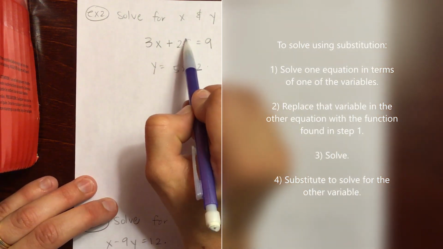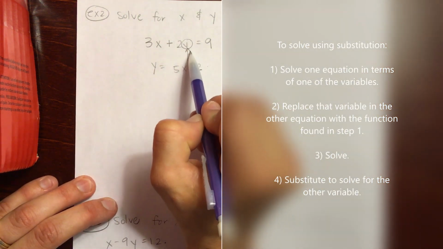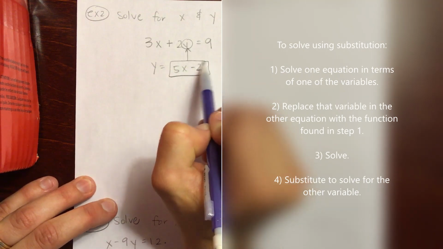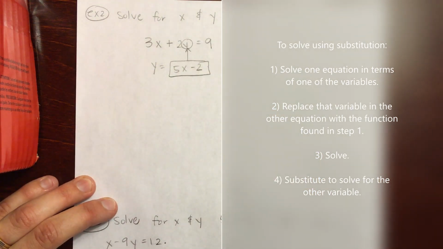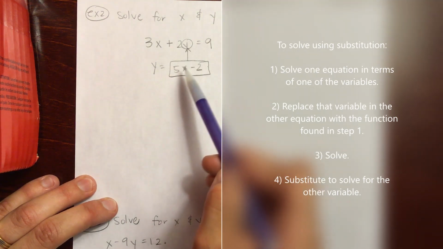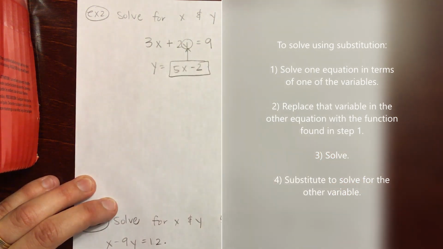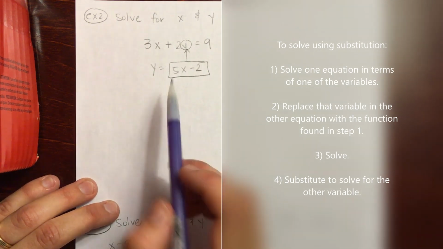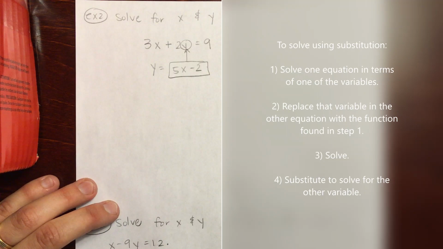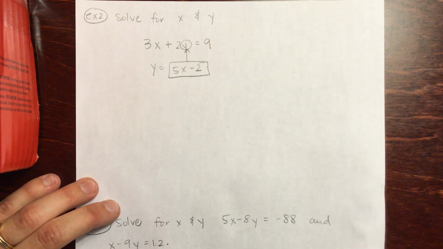So replace the y here with all of this. Step 3, now you're going to solve. Once I fill this in, 5x minus 2 for my y, I'm going to solve all of this for x. And then once I know what x is, I can sub it back into the second equation to figure out what y is. So let's do that now.